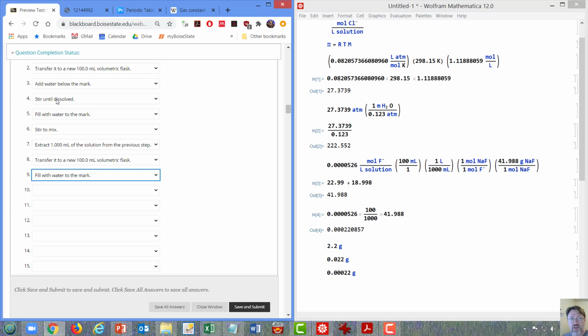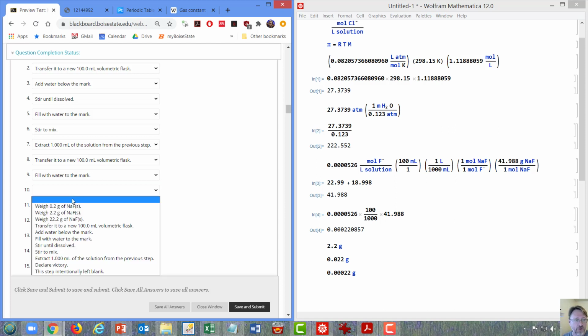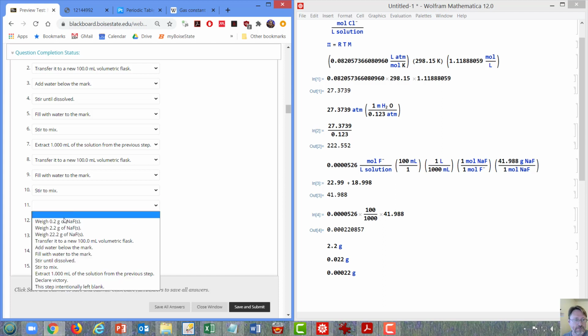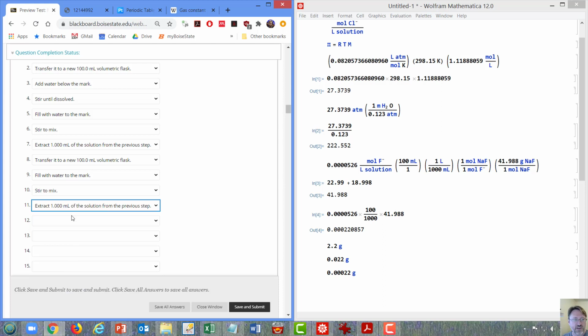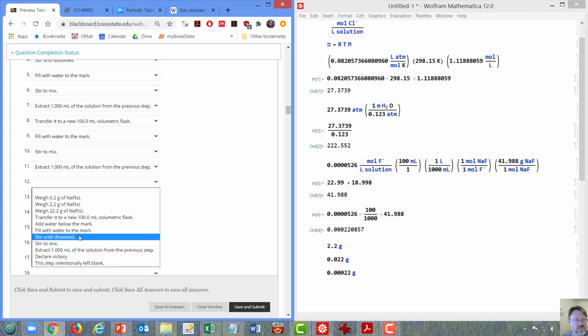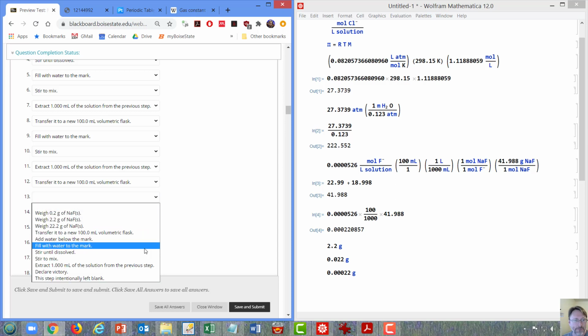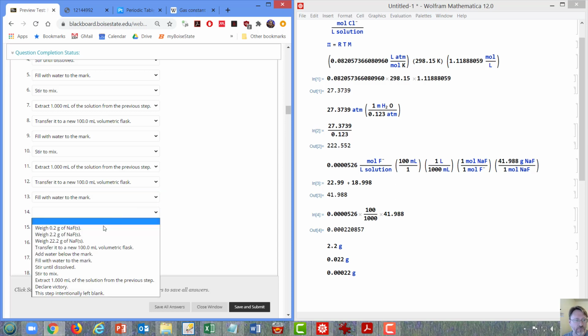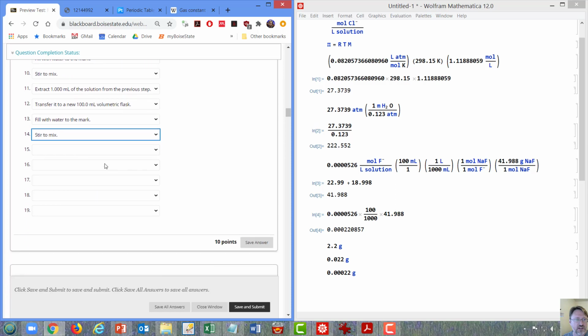We don't have to go through a dissolution step because it's already dissolved this time. Fill with water to the mark, stir to mix. Extract 1 ml of the solution from the previous step for our second serial dilution. Transfer it to a new flask. Fill with water to the mark. Stir to mix. Declare victory. We're done.